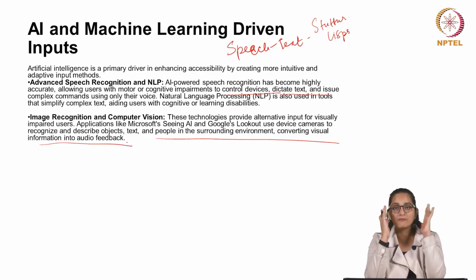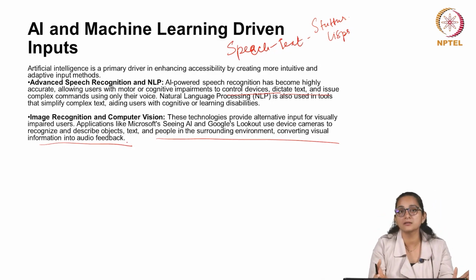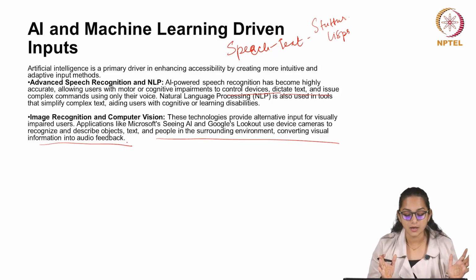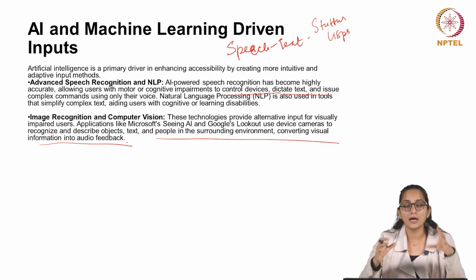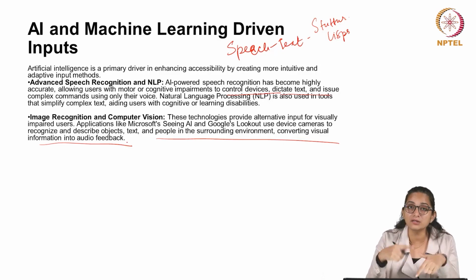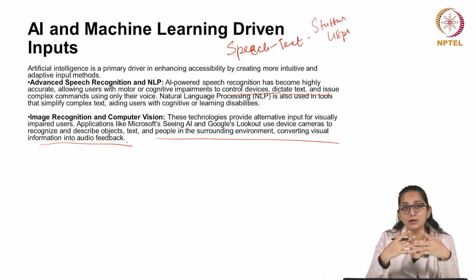So, basically you can wear your smart glasses and run these models and you can just point your camera or just head onto a text and the image recognition models will be able to read the text for you and convert it in real time into audio output.